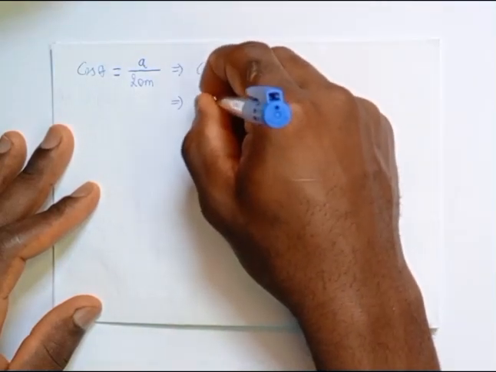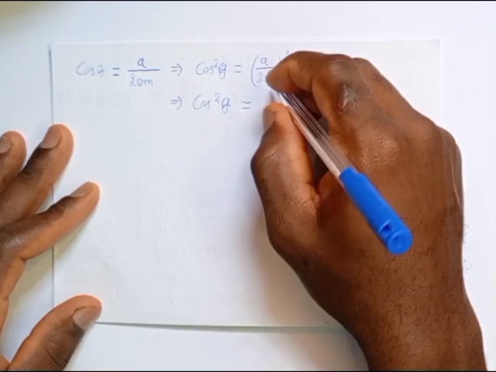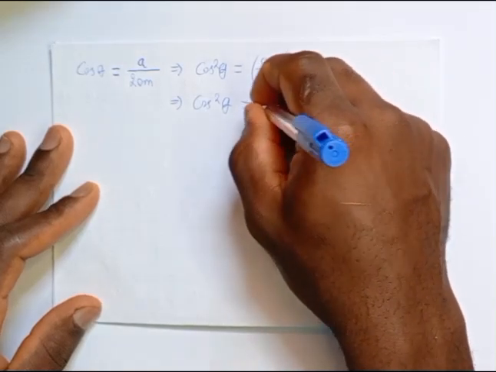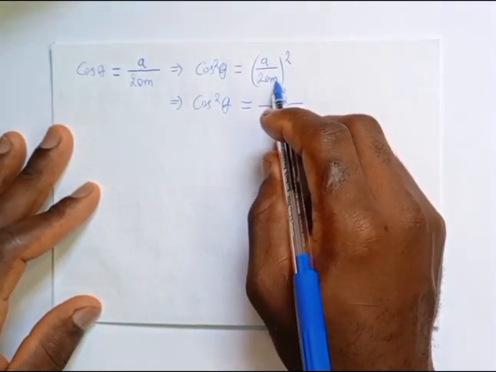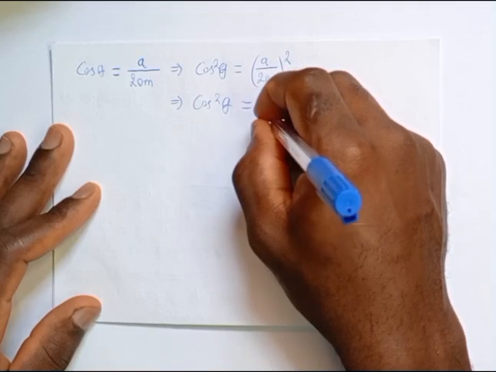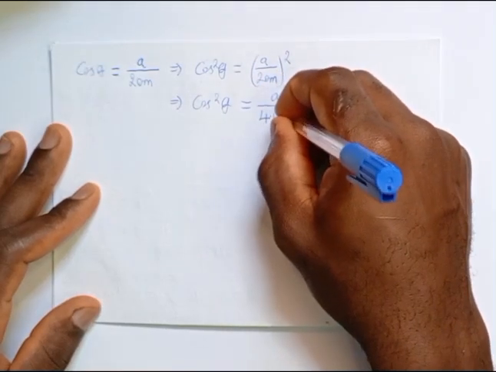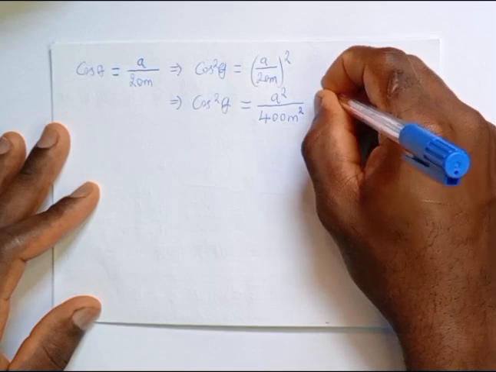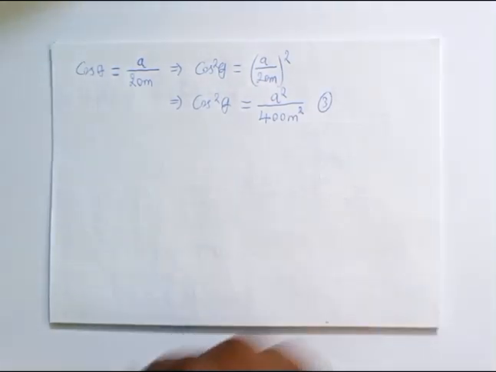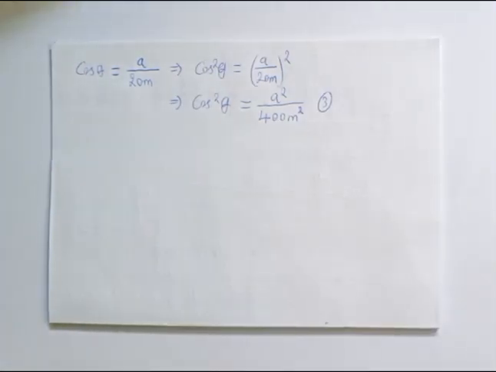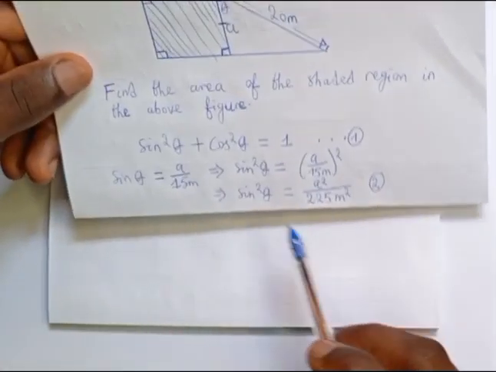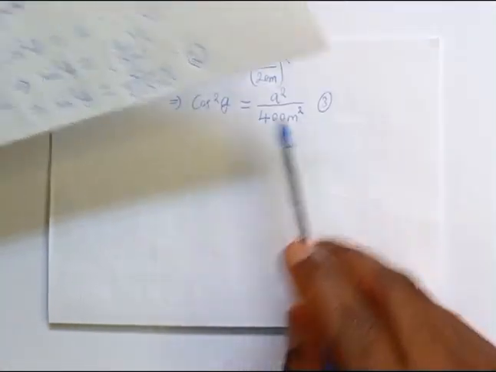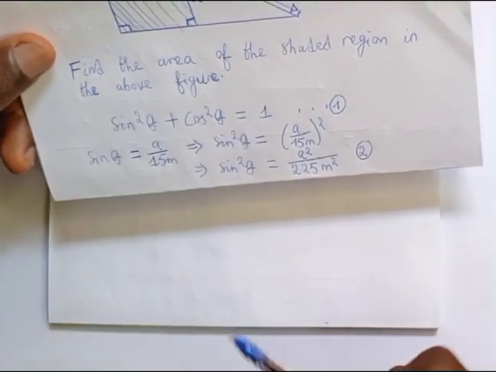Then cos squared theta will be equal to A squared all over 20 meters squared, which gives us 400 meters squared. We call this one equation 3. We are to look for A. We are going to put equation 2 and equation 3 inside equation 1 so that we can find A.